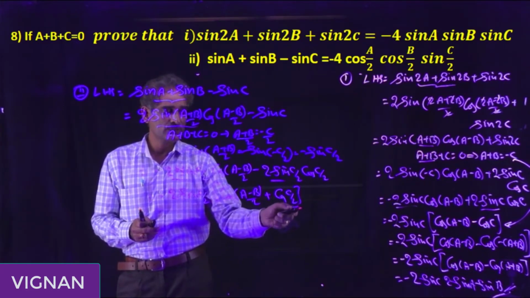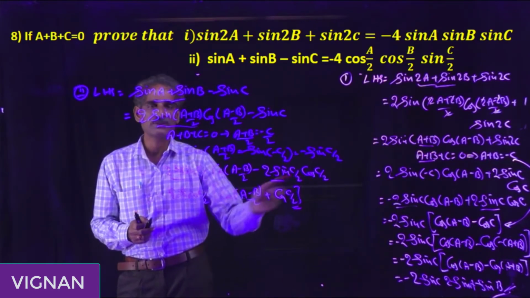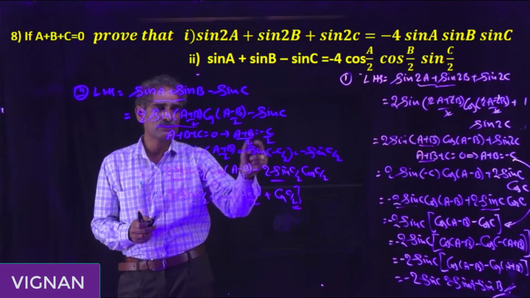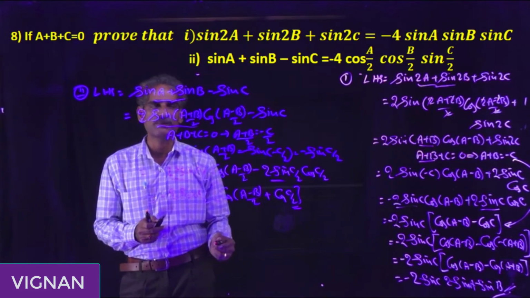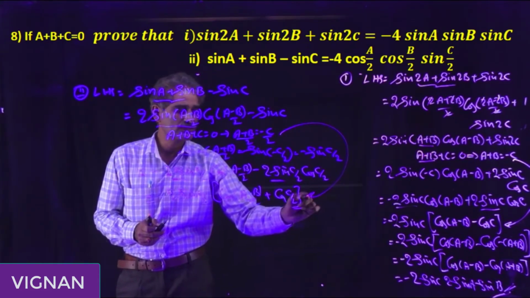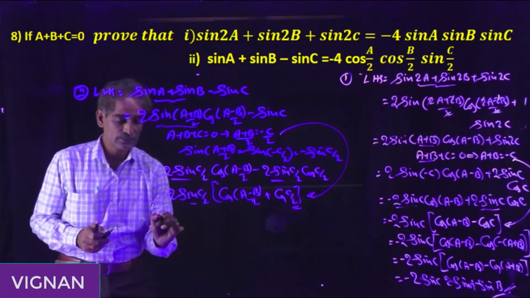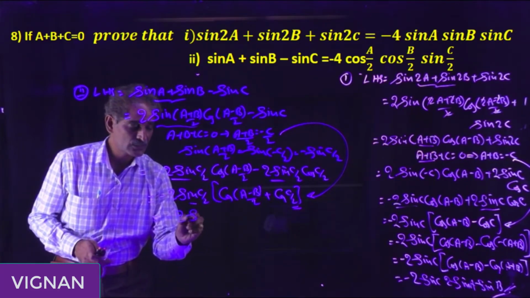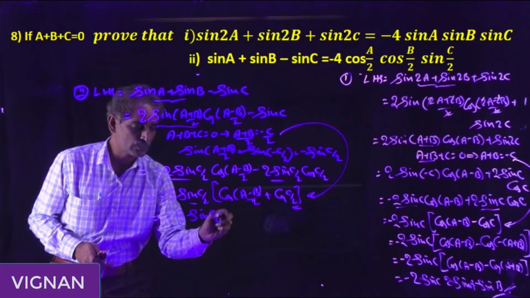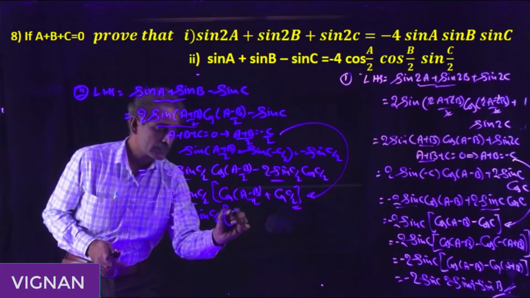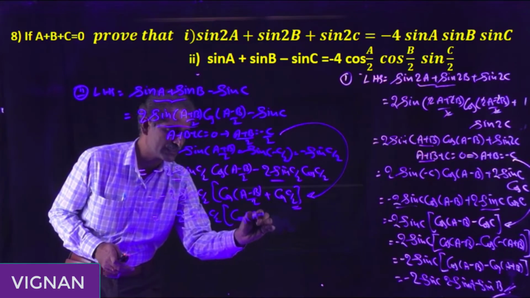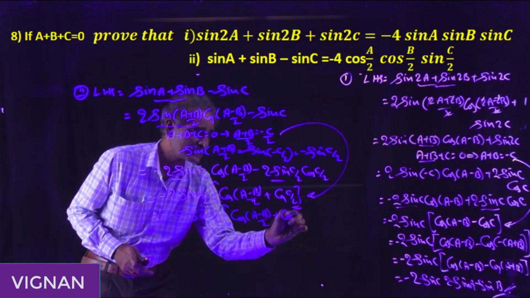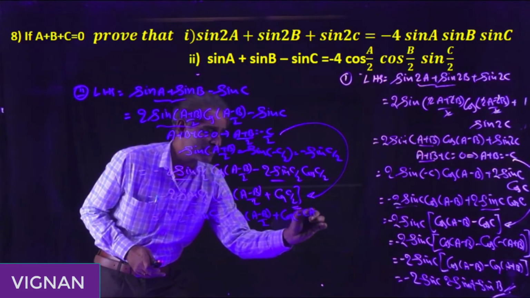So try to introduce a and b in place of c by 2 with the help of this one. Minus c by 2 equals this, so c by 2 equals minus of (a plus b) by 2. With the help of this, replace c by 2. Here we get minus 2 sin c by 2 into cos of (a minus b) by 2 plus cos of minus of (a plus b) by 2.